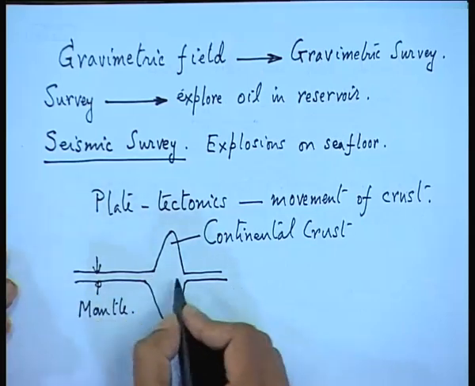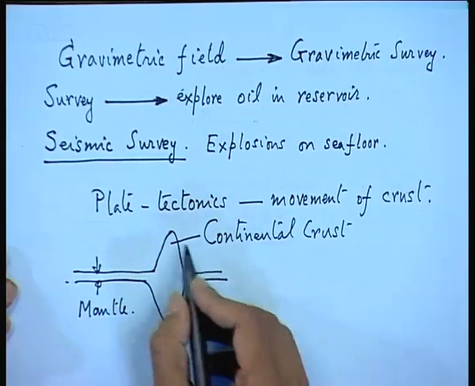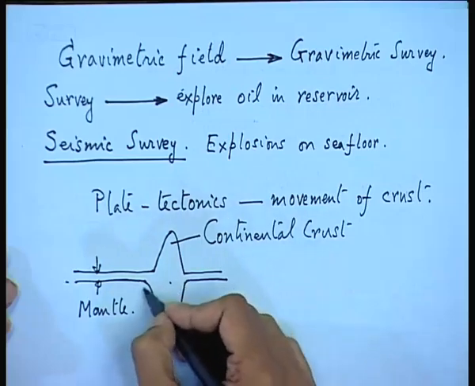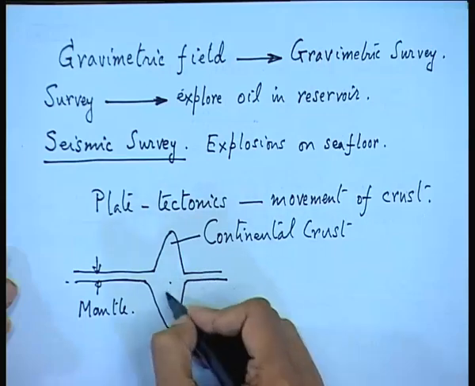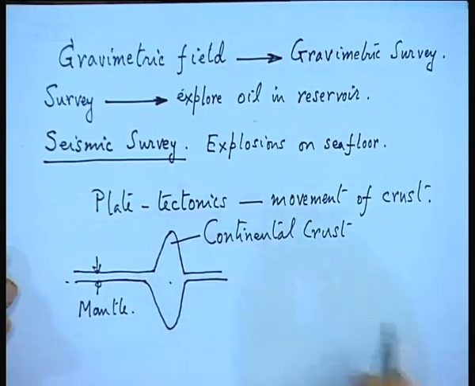Here, of course, one can see that the layer of the continental crust is rather thin, but here it is thicker. So, here it has to be supported by more buoyancy force, and this can only be achieved by larger sinkage of the continental crust.